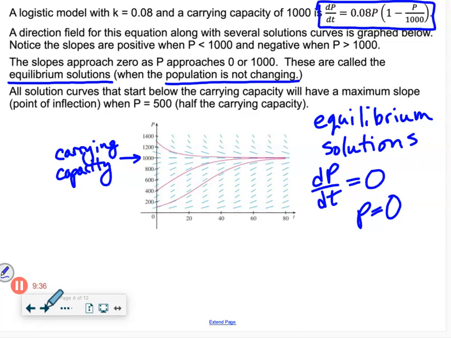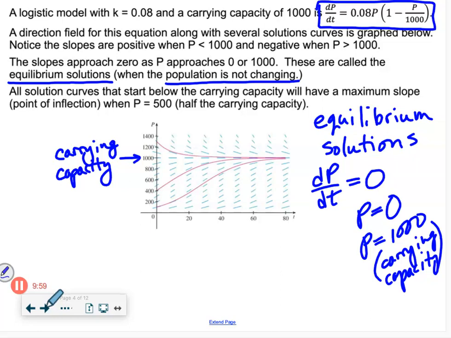If the population equals the carrying capacity, you end up with a 1 minus 1 here. At the carrying capacity, you're not growing, you're not decreasing. You just get stuck at the carrying capacity. So P equals 1,000 for this problem, or in general, the carrying capacity. Those are called your equilibrium solutions, the sizes of the population where it's not going to change.